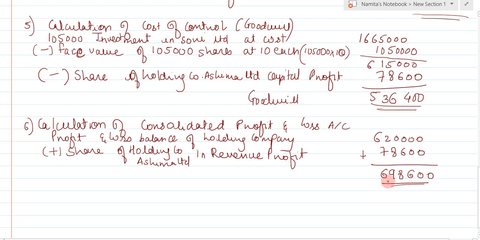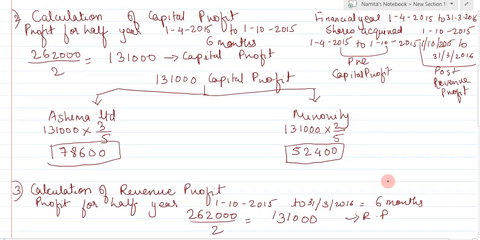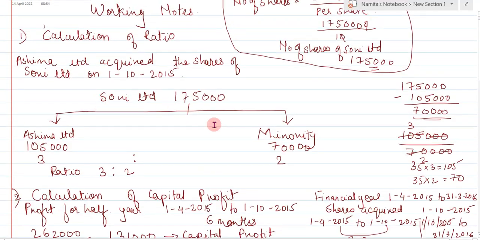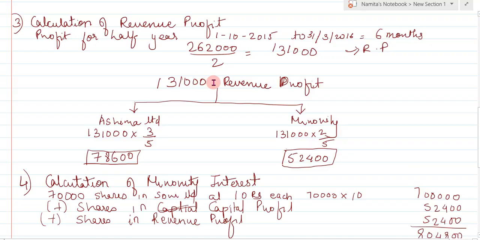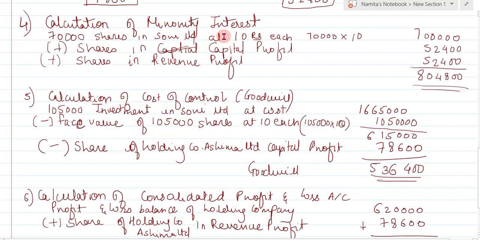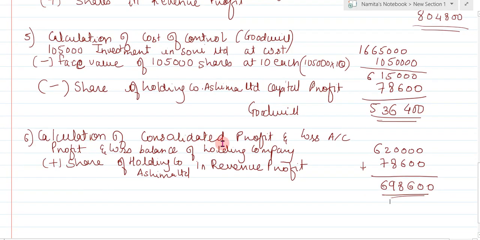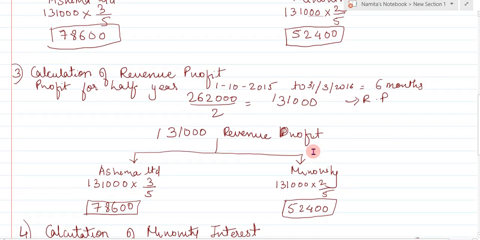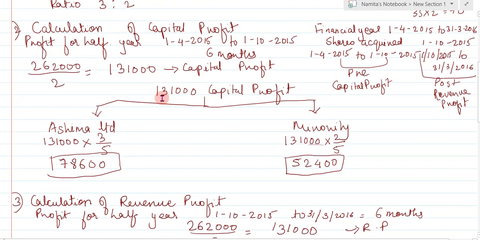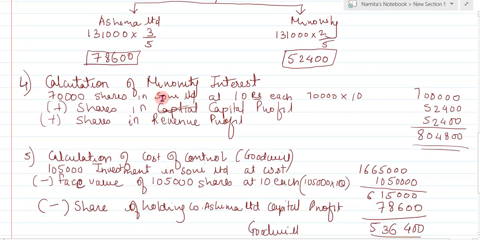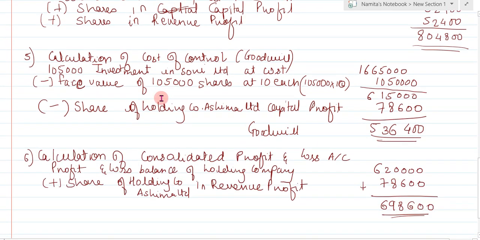Okay, now all the calculations we have prepared: calculation of ratio, calculation of capital profit, calculation of revenue profit, calculation of minority interest, calculation of cost of control, and calculation of consolidated profit and loss account. So just remember which items we have to take for the calculation of capital profit, revenue profit, cost of control, and the consolidated balance sheet.